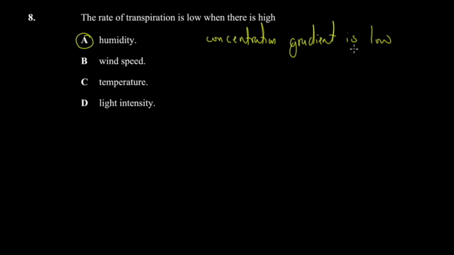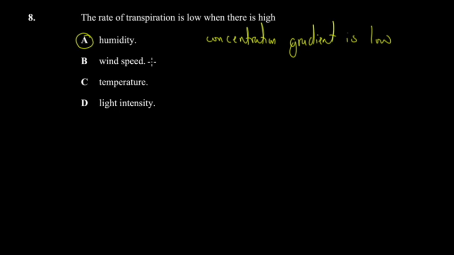Remember, water has to move from a place of high concentration to a place of low concentration. So if you set up a humid area, it means that the leaf won't be able to transpire. There won't be any loss of water there because it's already concentrated on the outside.